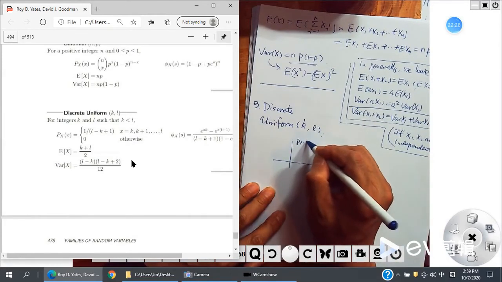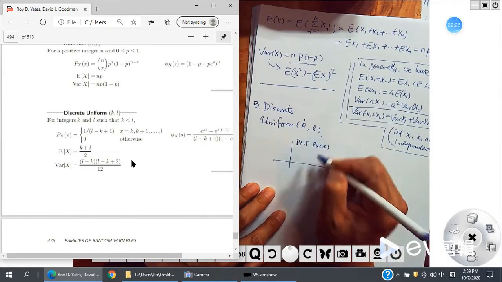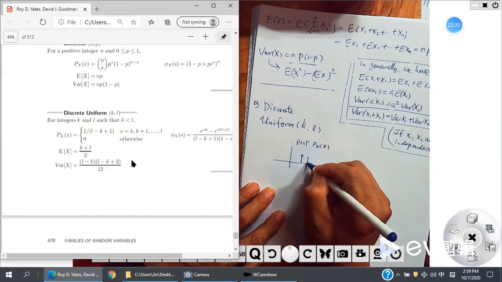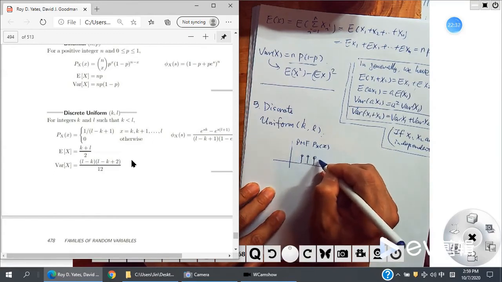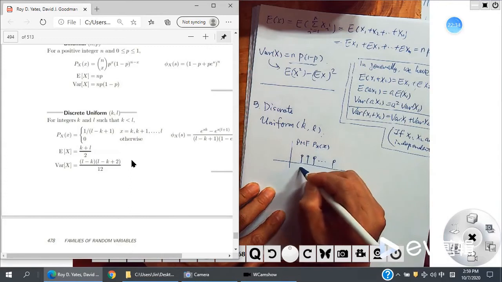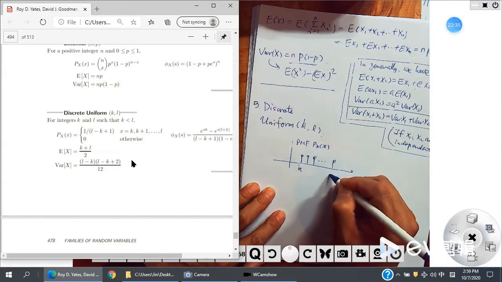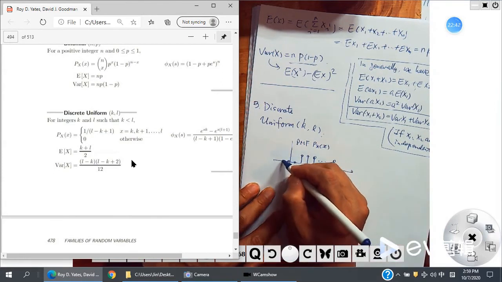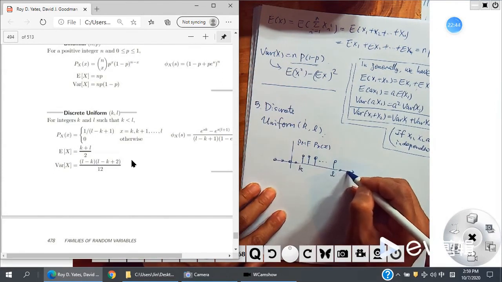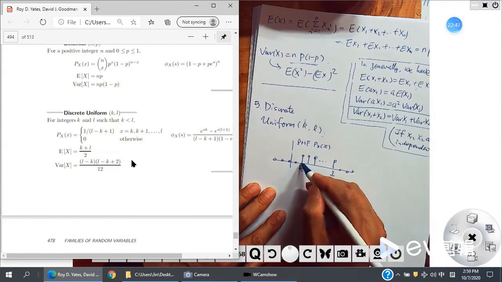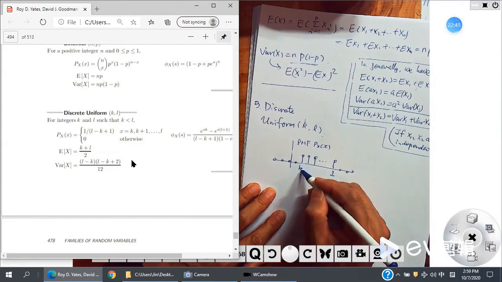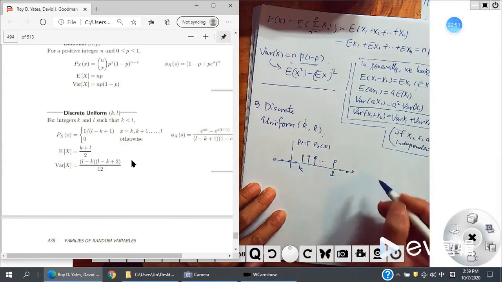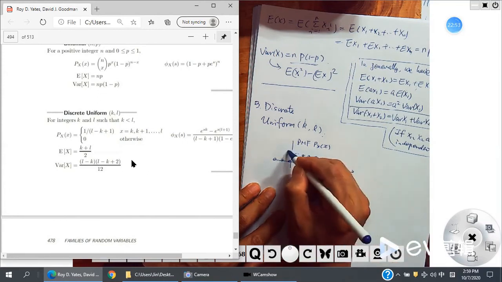The PMF p_X of x looks like this: for x from K to L, where L is larger, and 0 otherwise. Here I use K equal to 2, but it may be different numbers or even a negative value. What is this value?